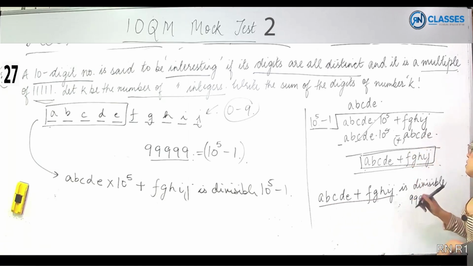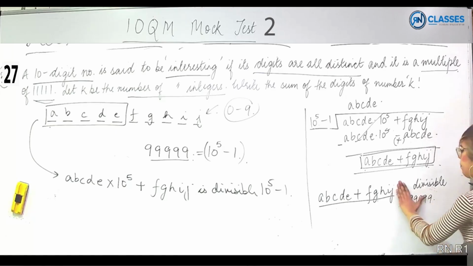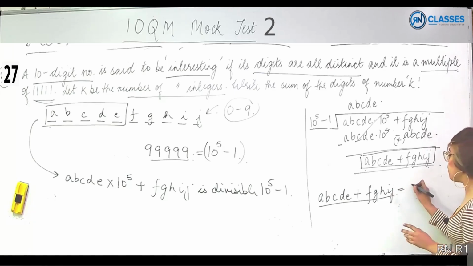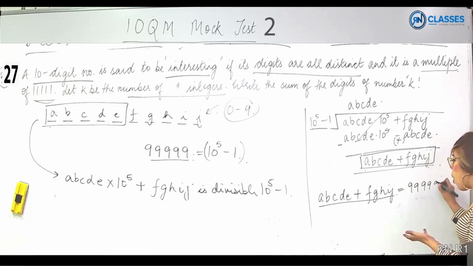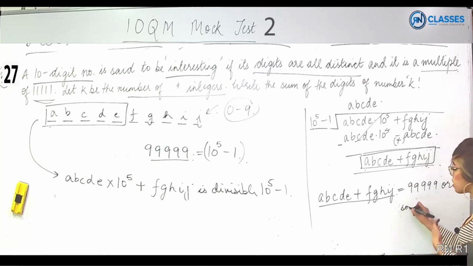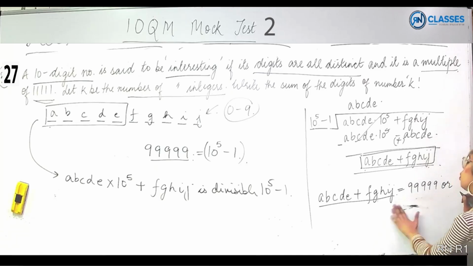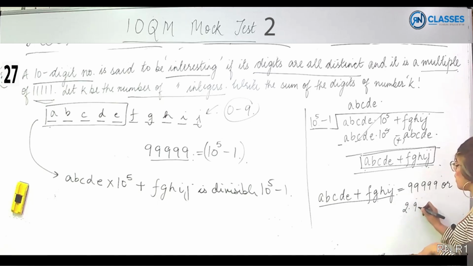So it is divisible, and what can this number be? Either this number can be 99,999 or some multiple of this, or maybe I can say 2 into 99,999.